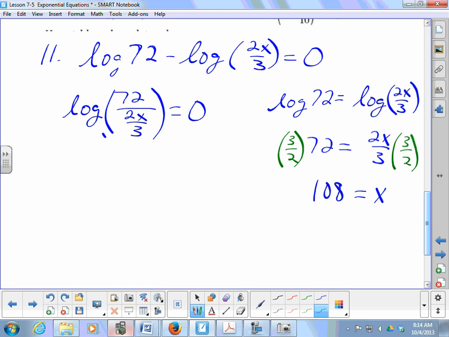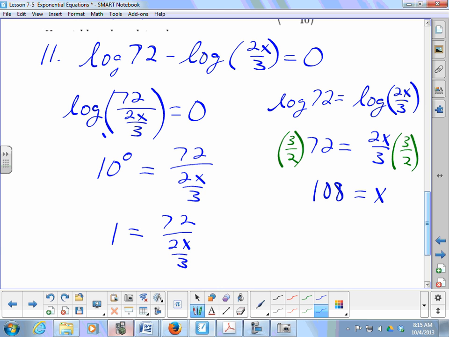So I can say that 10 raised to the power of 0 is equal to 72 over 2x over 3. Well, what's 10 to the power of 0? 1, so 1 equals 72 over 2x over 3.